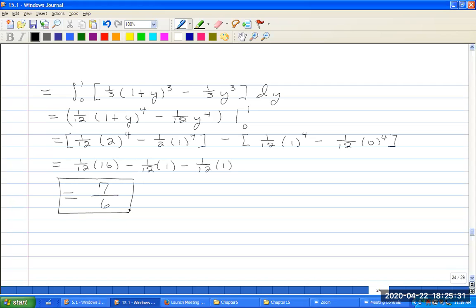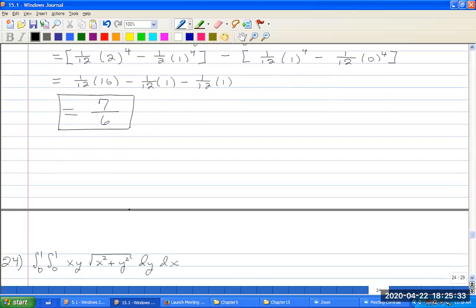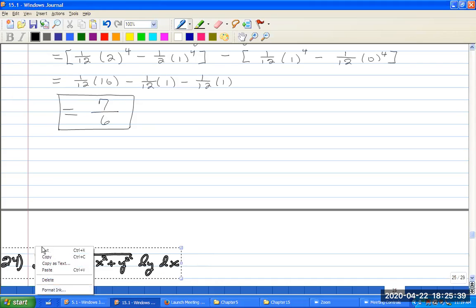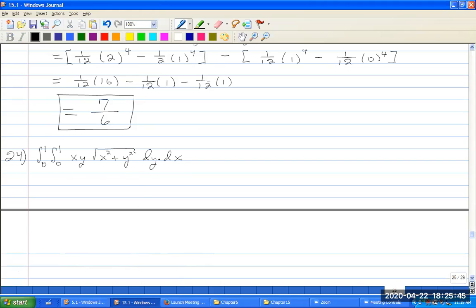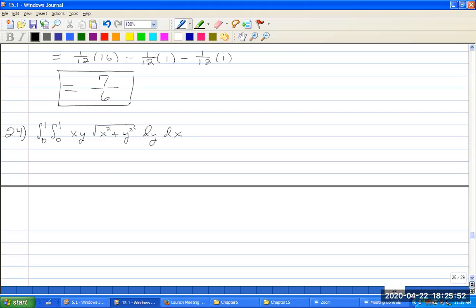Okay. Let me do problem number 24. So let's evaluate this. And so, let's write this as the integral.